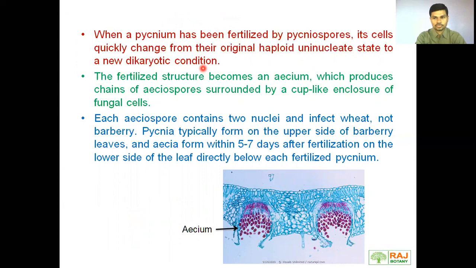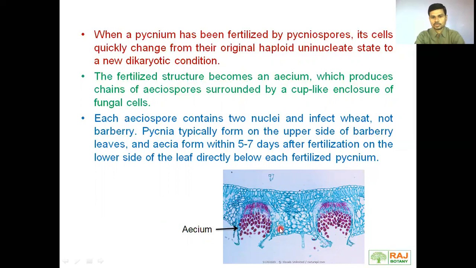Initially, before their fusion, there is a monokaryotic condition, but after their fusion, the dikaryotic condition appears. The fertilized structure becomes an aecium. Now it is called an aecium, which produces chains of aeciospores.